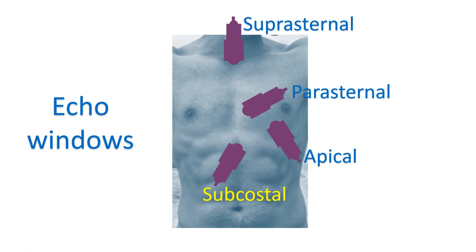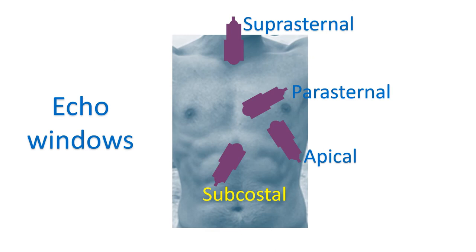Common sites are the front of the chest near the breastbone, at the place where you feel the heartbeats, uppermost part of the tummy, and in the neck just above the breastbone. These echo windows are called left parasternal, apical, subcostal, and suprasternal respectively.